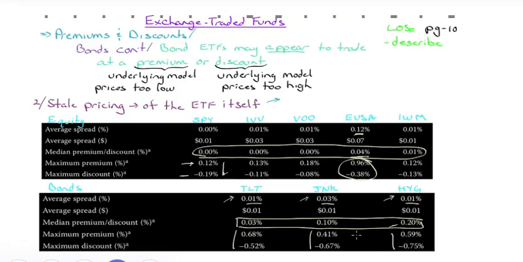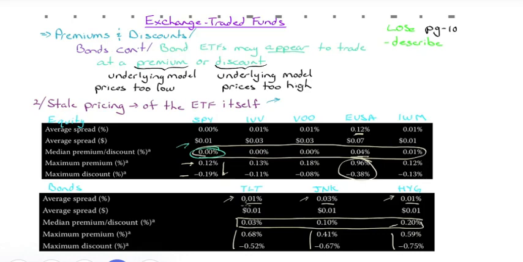The idea of, well, what's the closing price actually for SPY? Again, I think it's worth making this point. The ETF and the underlying all trade in the same market with the same closing time. So we should expect to see a median premium or discount of 0. We should expect to see very, very tight spreads on this one as well, and we do.